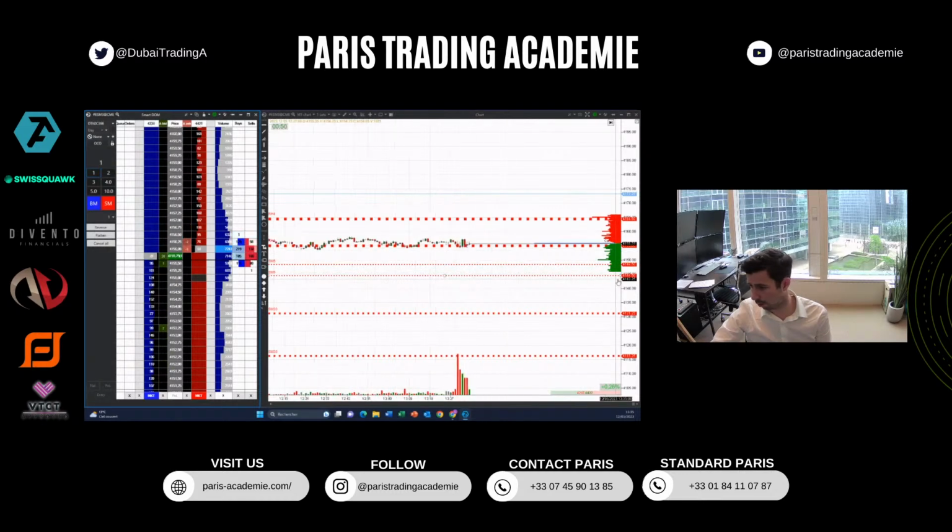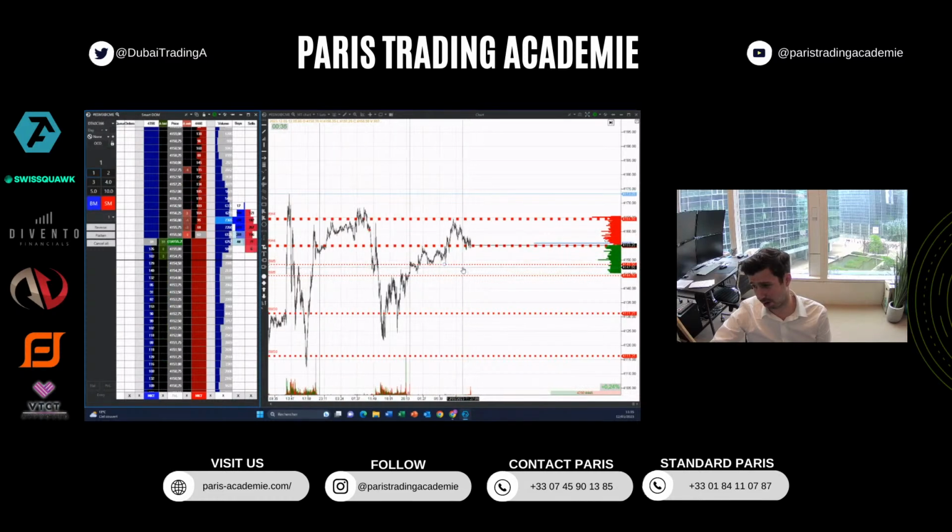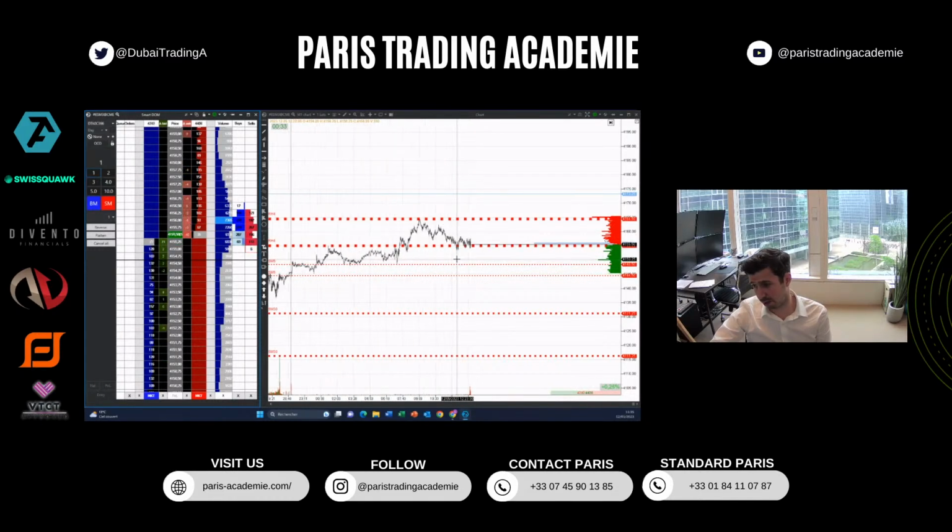And we say our level would be 41.55. But once again, the market is in a range, so it's not really interesting for us to trade, to be fair. We don't really want to trade it right now. So we need to wait until it breaks the range, either upward or downward.